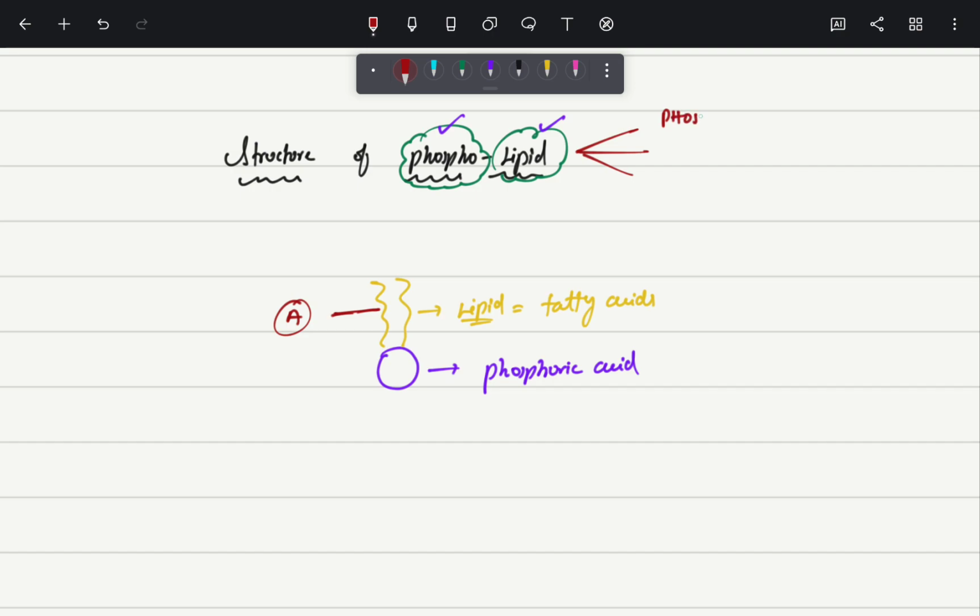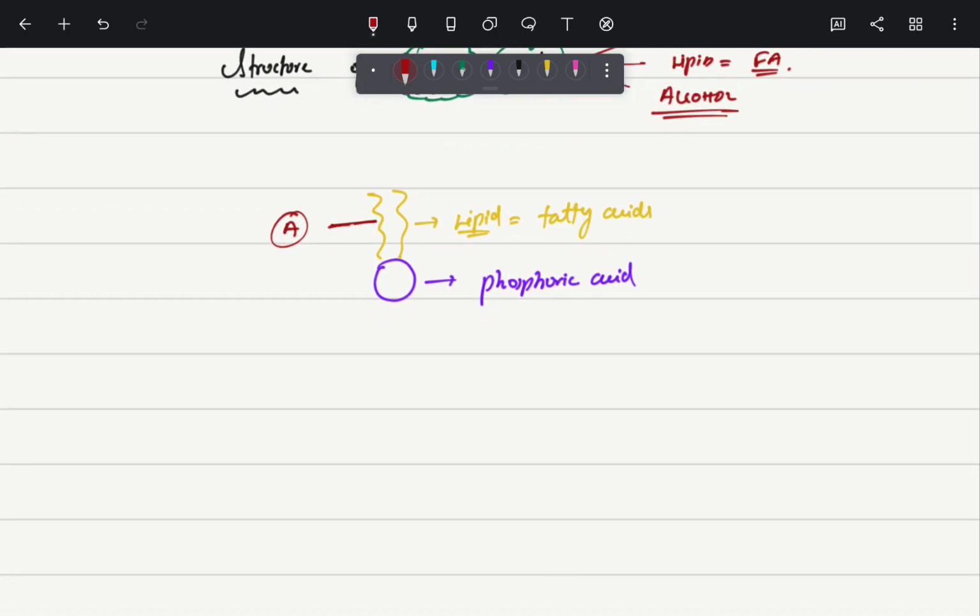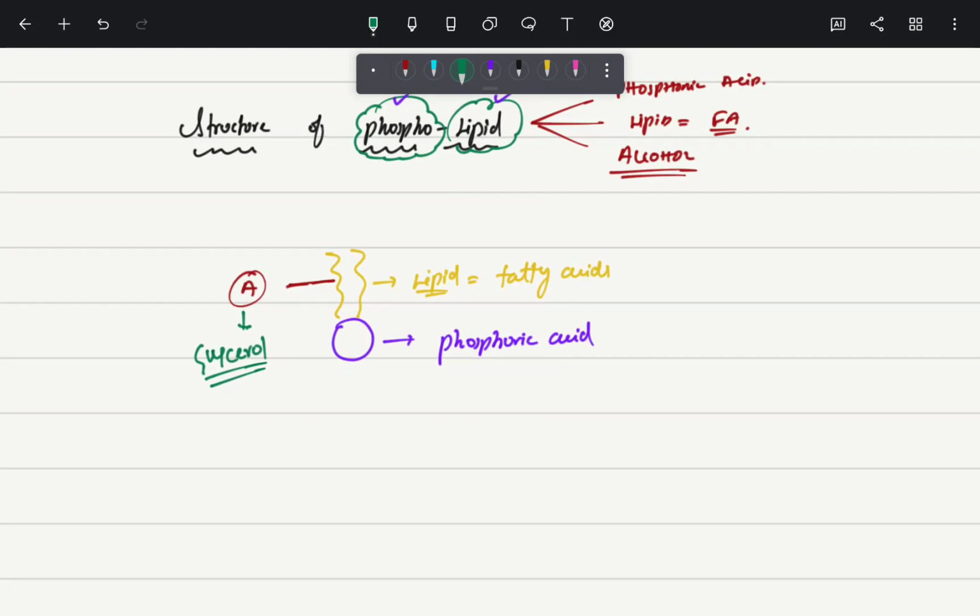One is your phosphoric acid, second one is your lipid, which is your fatty acids, and the third and the most important one is your alcohol. Now most of the time the alcohol here is your glycerol.